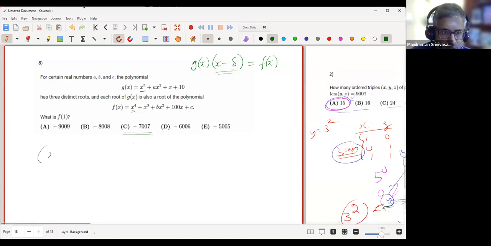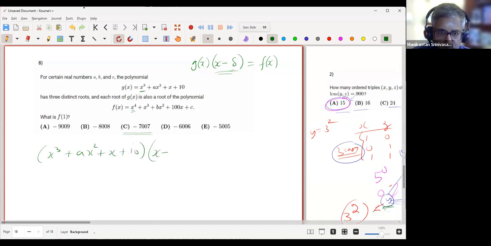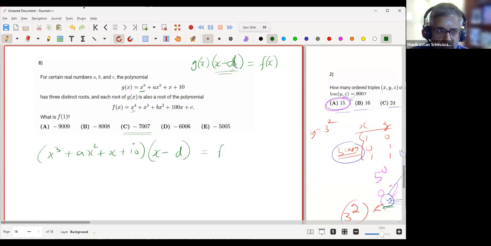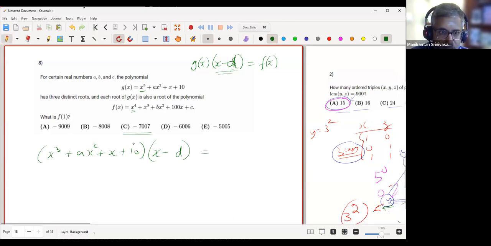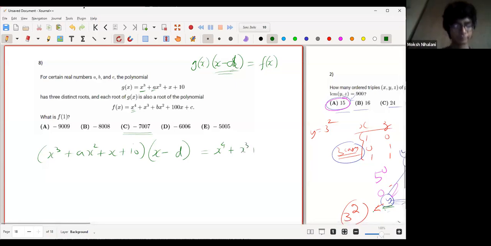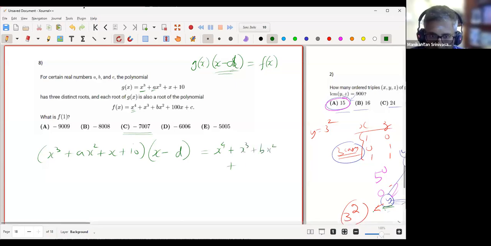Okay, so let's do this. x cubed plus ax square plus x plus 10 times x minus d, where d is the root, equal to f of x, which is x power 4, x cube plus bx square plus 100x plus c.